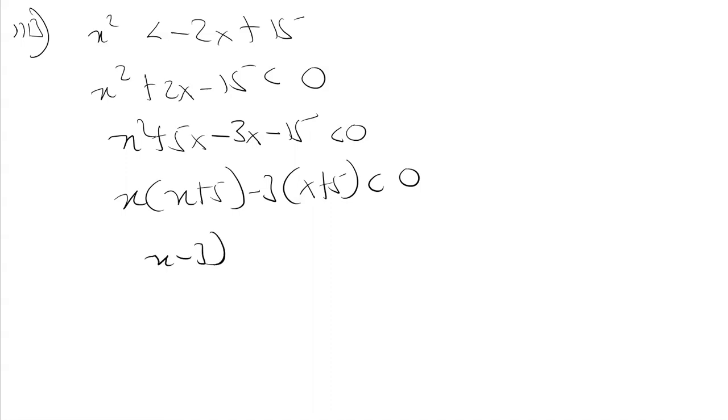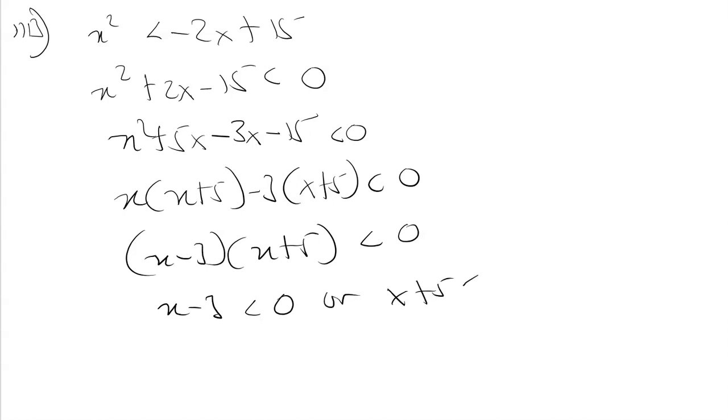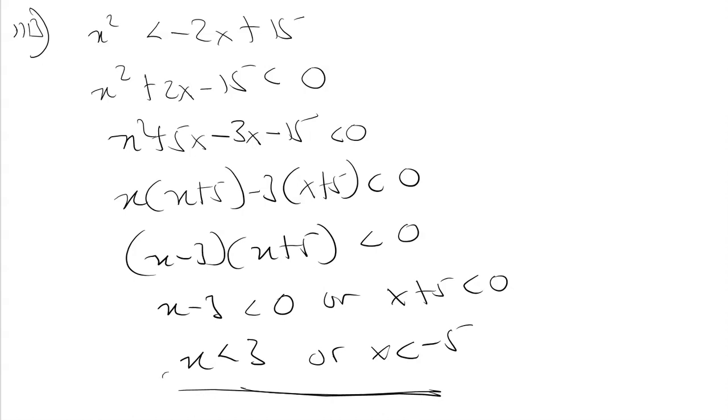Therefore, (x minus 3)(x plus 5) is less than 0. So now we have x minus 3 less than 0, or x plus 5 less than 0. So this becomes x is less than 3, or x is less than negative 5. So we have solved that third question.